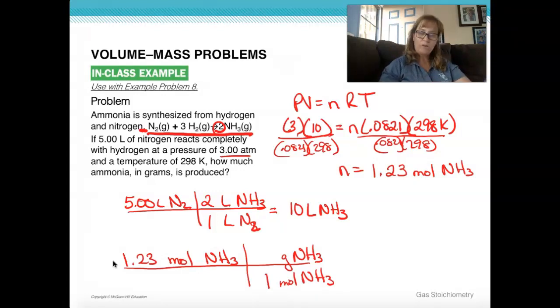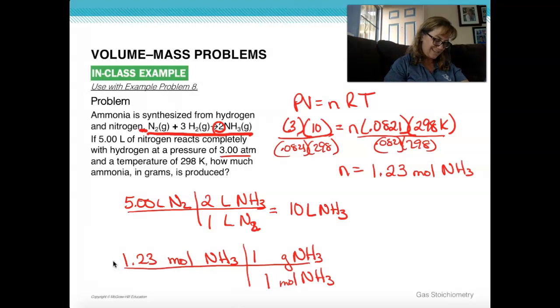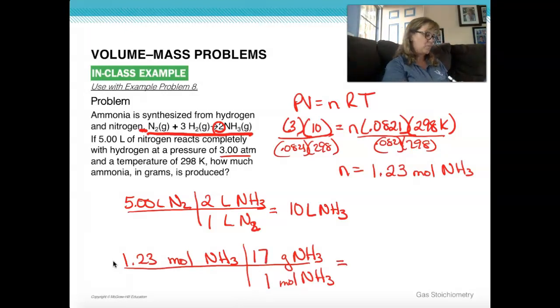If I have 1 mole of ammonia, nitrogen is 14, hydrogen is 3, so this would be 17 grams is 1 mole. If I multiply 1.23 times 17, I find out that I get 20.9 grams of ammonia from 5 liters of nitrogen.